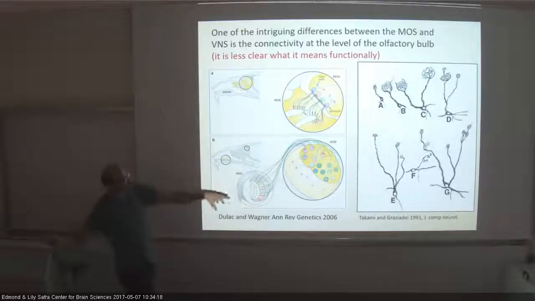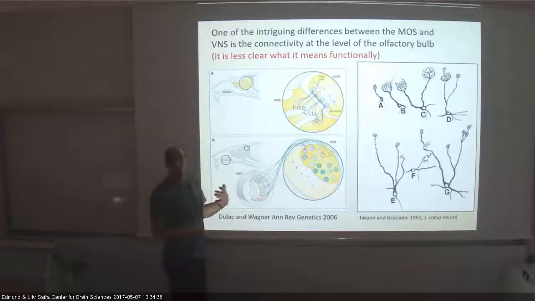It seems that we have here a connectivity that allows mitral cells at this stage already to obtain more complex representations of combinations of sensory neurons, because each glomerulus is still one type of sensory neuron. Now, what is the functional implication of this? It's something that we actually do not fully know.